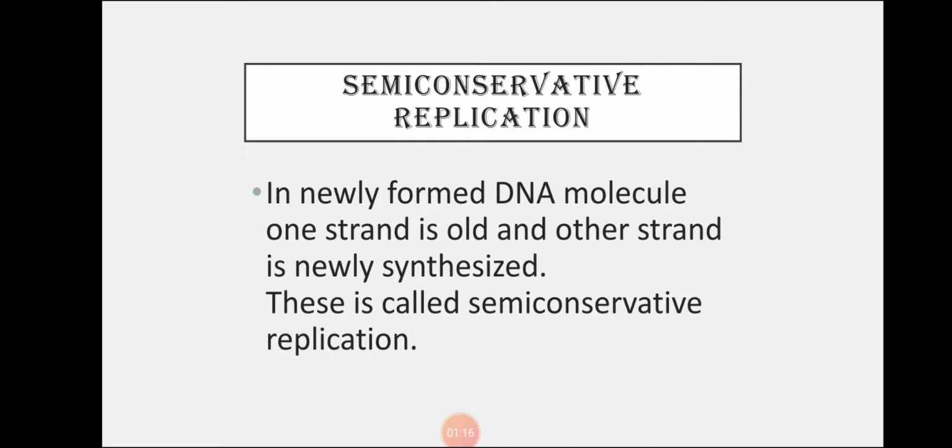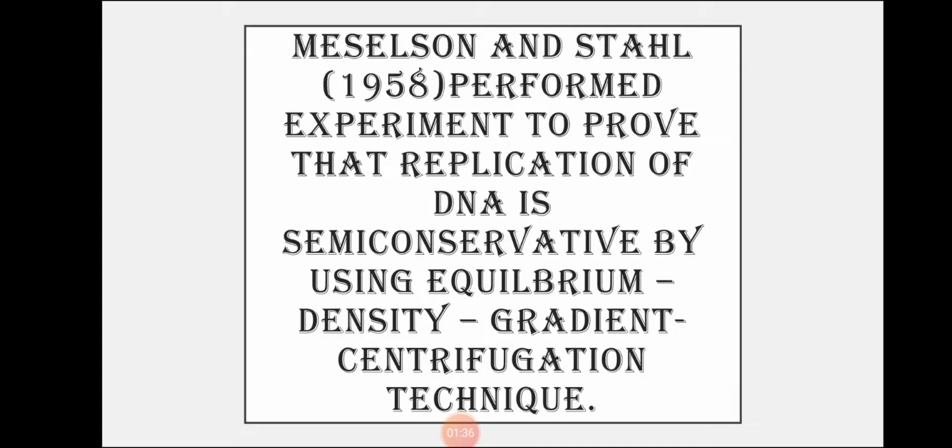Semi means half. Half of the strand is old, that is conserved, and half is newly constructed. So it is called semi-conservative replication. This we are going to study with the help of one experiment today.